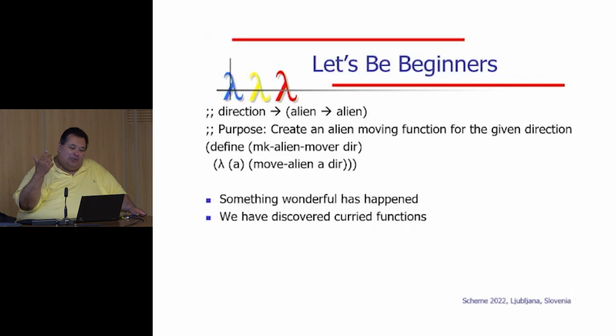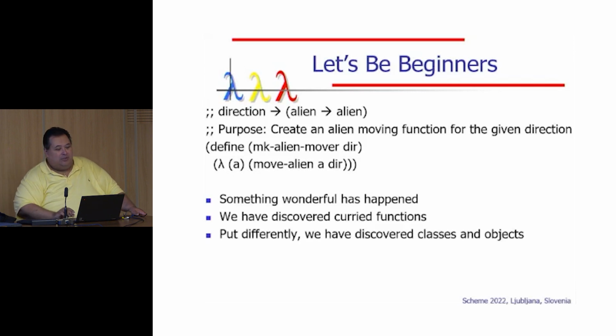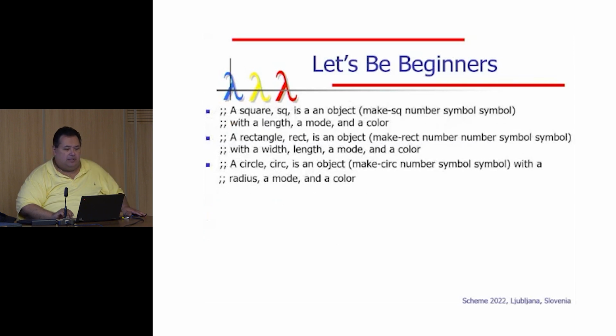And now the wonderful thing is that once students learn about curried functions, you can talk to them about objects for free, right? So there it is. This is a class, make alien mover, that computes objects that know how to move an alien in a given direction. So let's play around with this a little bit.